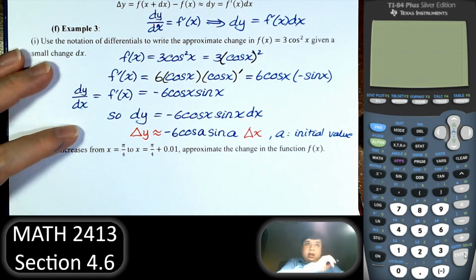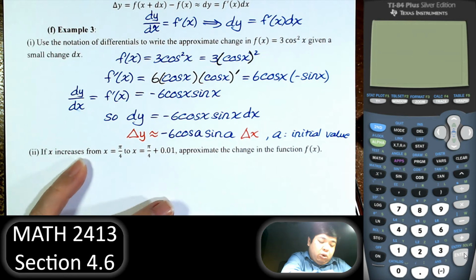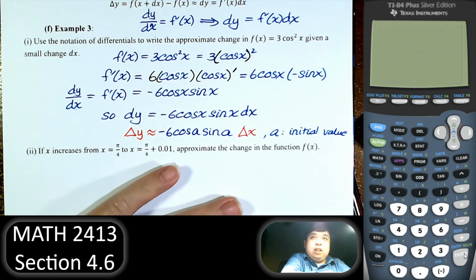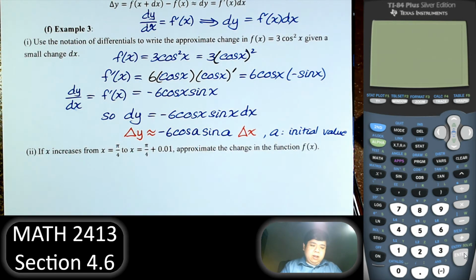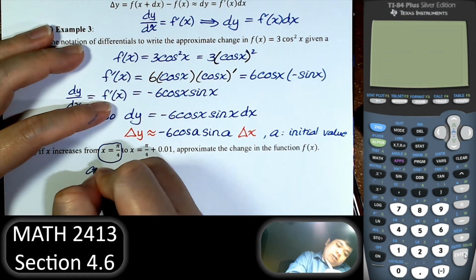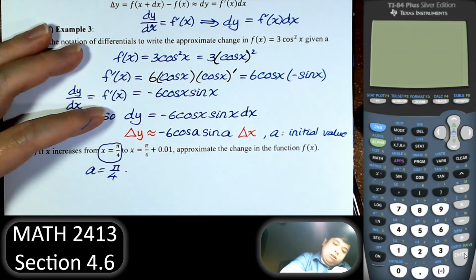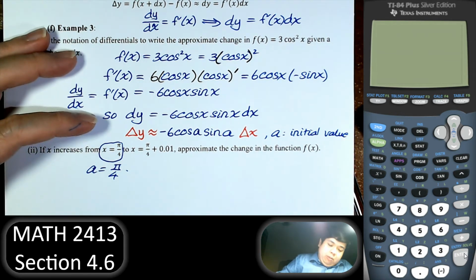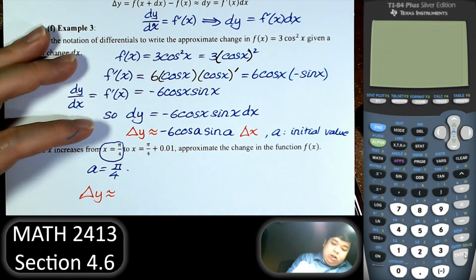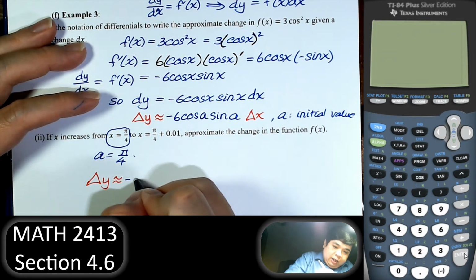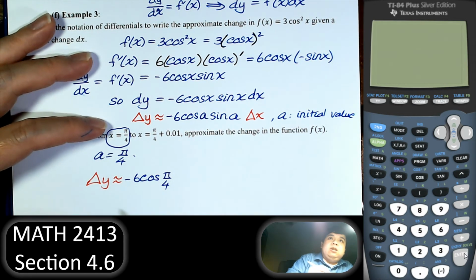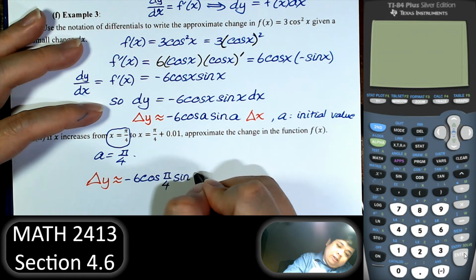Use that, if x is increasing from pi over 4 to that, to approximate the change in the function f of x. So in this case, a, the initial value, is pi over 4. So the approximate change delta y is approximately equal to negative 6 cosine of a, which is pi over 4, sine of pi over 4.